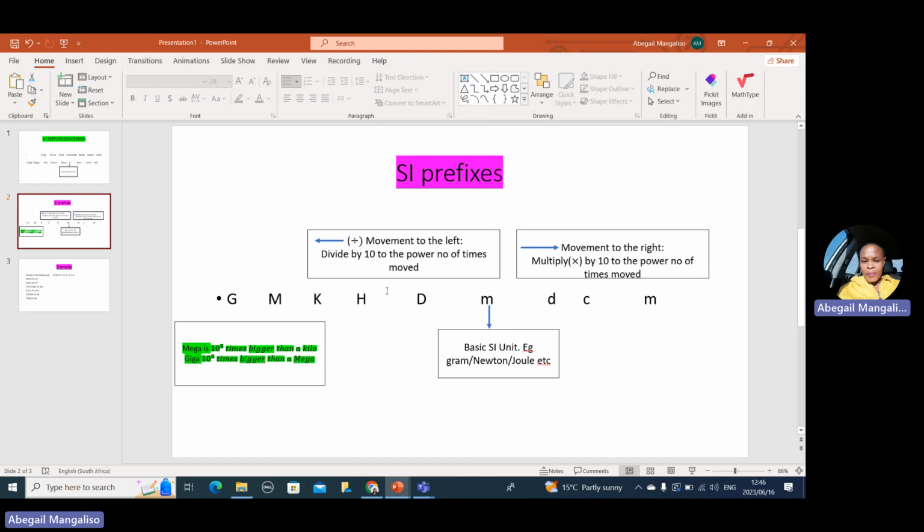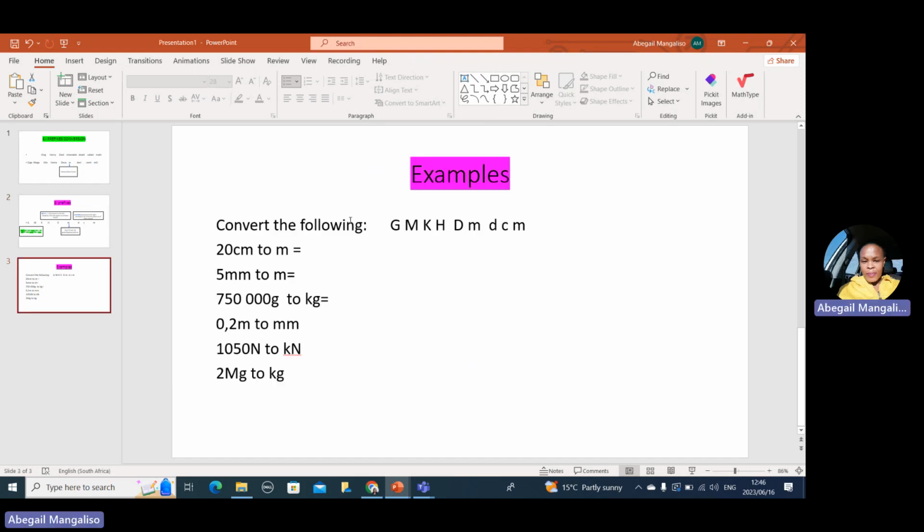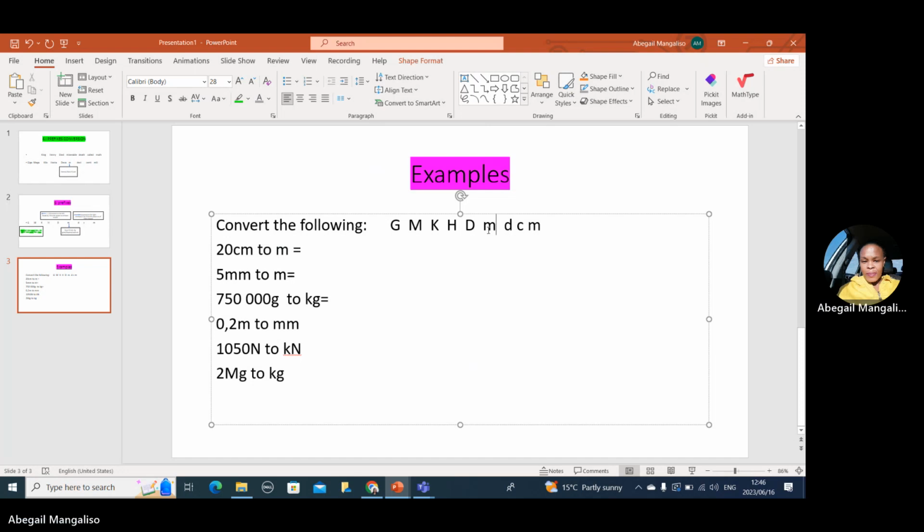Okay, let's look at the examples. Convert the following. So I wrote the symbols: giga, mega, kilo, hecto, deca, basic SI unit, deci, centi, and milli. Now, if you want to convert 20 centimeter to meters, this is where centi is. Meter is a general or basic SI unit.